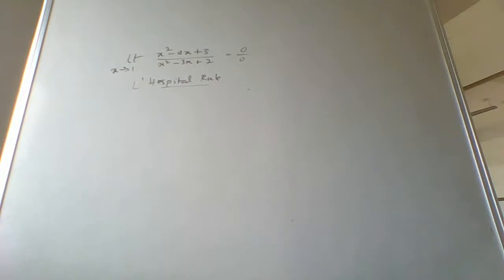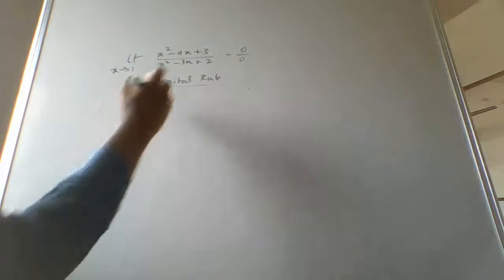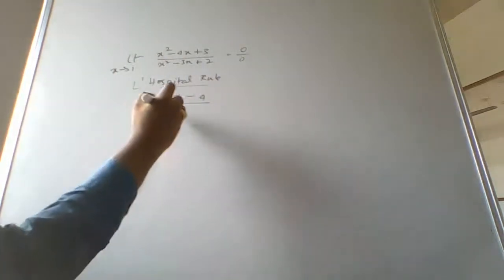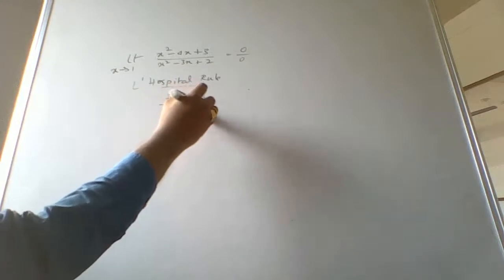Now, in this rule, you have two functions in the numerator and denominator. If I differentiate the numerator and denominator, I get 2x minus 4 in the numerator, and 2x minus 3 in the denominator.